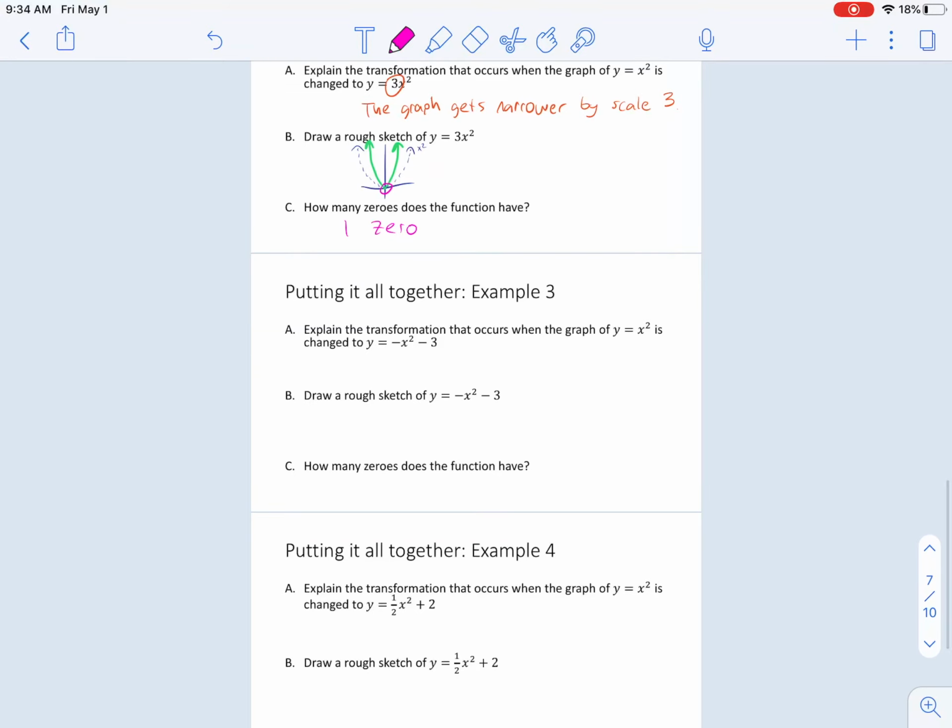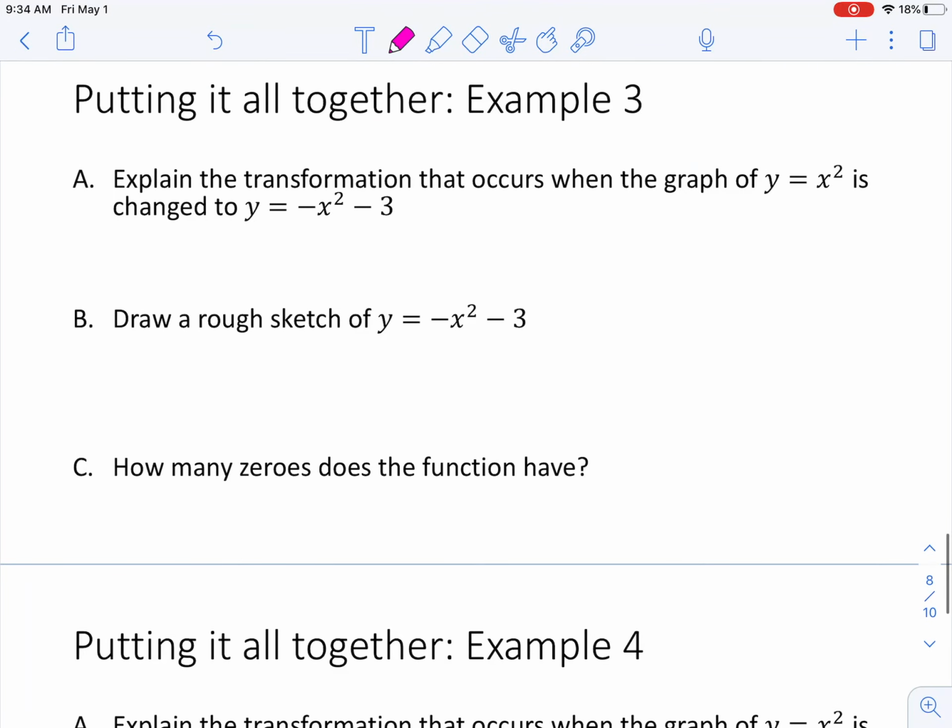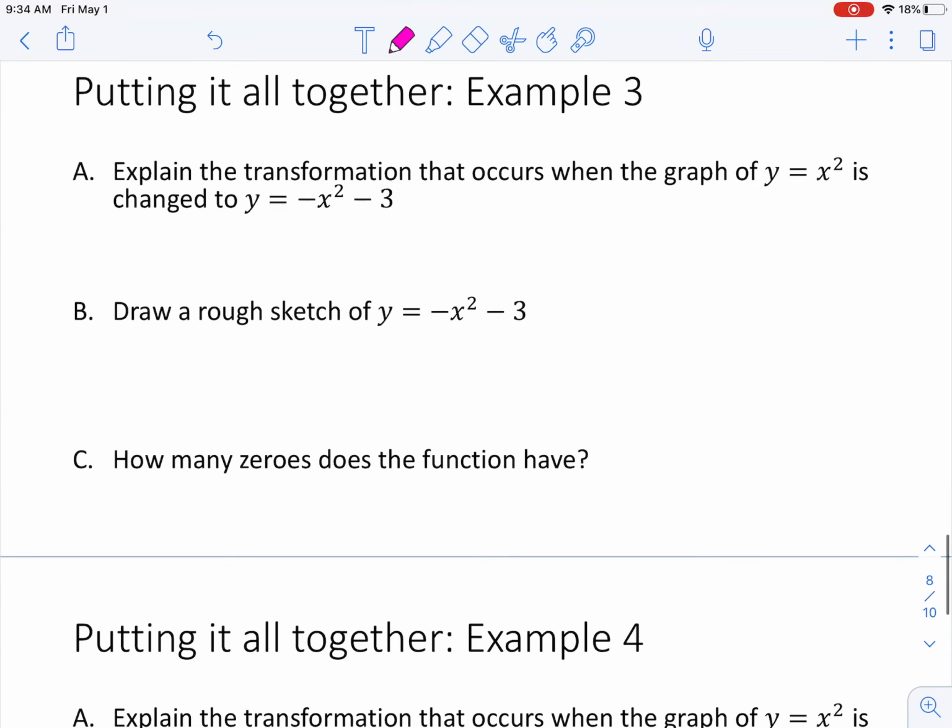On to example 3. In this case, we have a couple of transformations. The first one is that the graph has a -1 in front, or a negative. So that means it's going to flip it upside down. The graph is flipped over the x-axis.